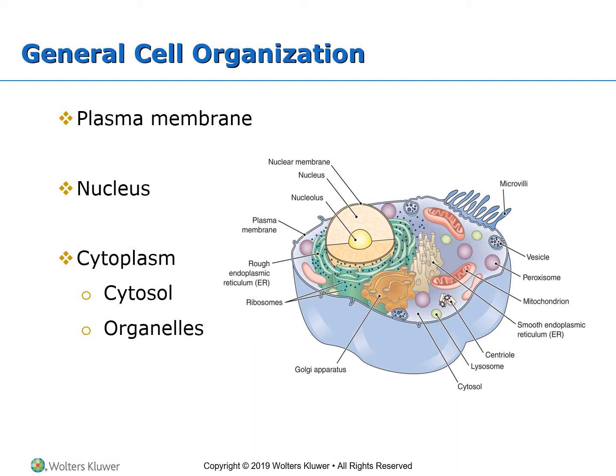In the case of those cells that have specialized uptake structures, they will have tiny projections called microvilli. Those projections will increase the membrane surface area, allowing for greater absorption.